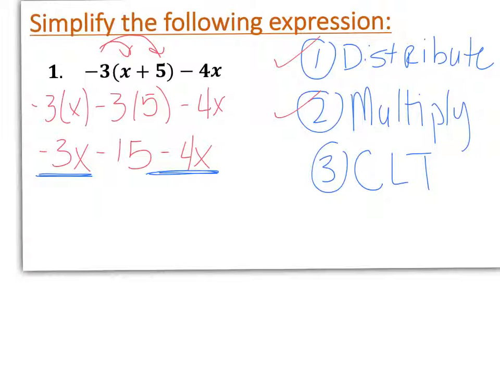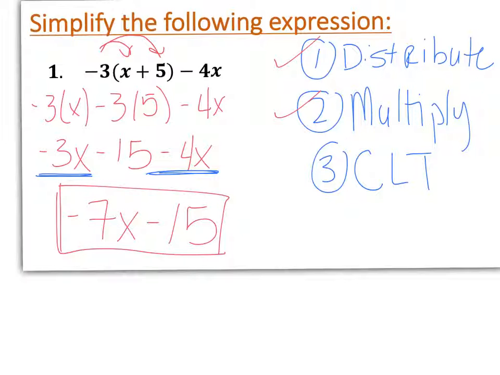Don't let these negatives mess you up on a test or a worksheet, okay? I'm going to tell you, though, that -3x minus 4x is -7x, and I still have this -15 left over. That's your final answer for that particular problem. So I distributed, I multiplied, I combined my like terms.